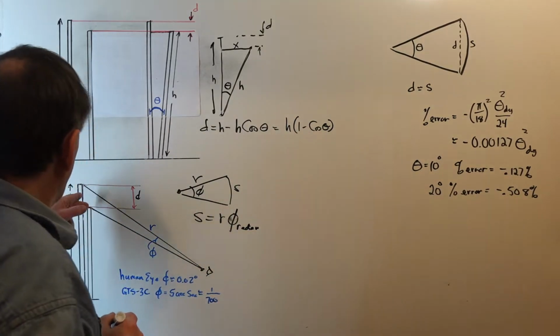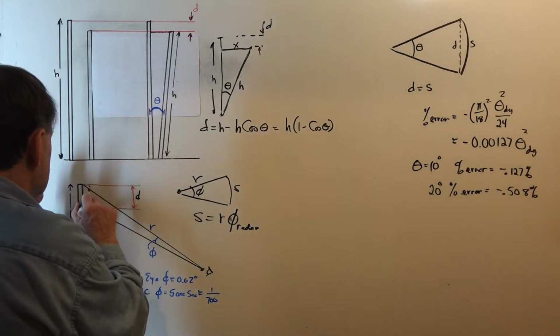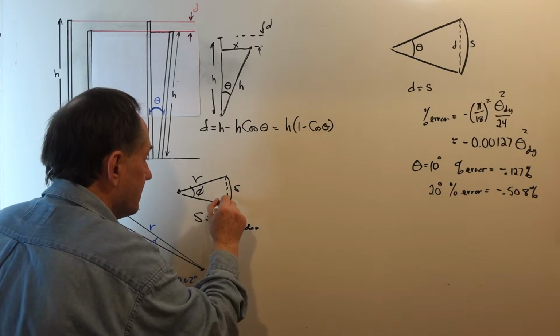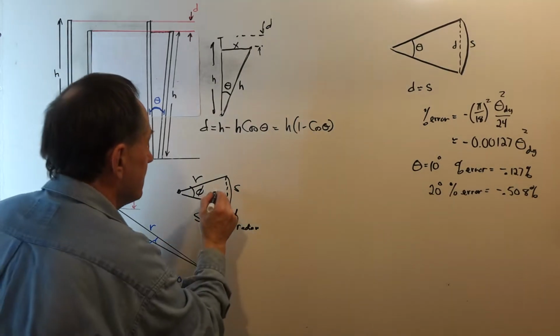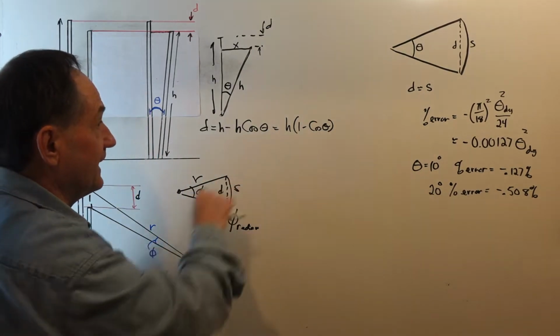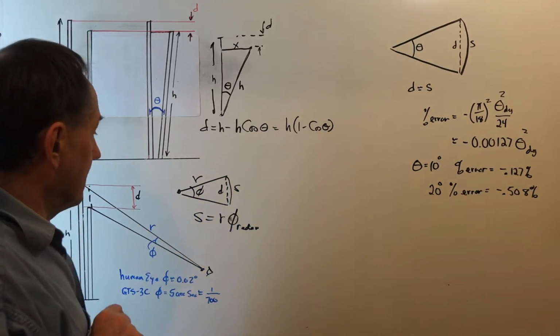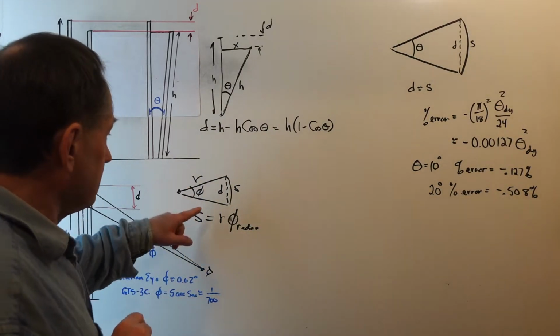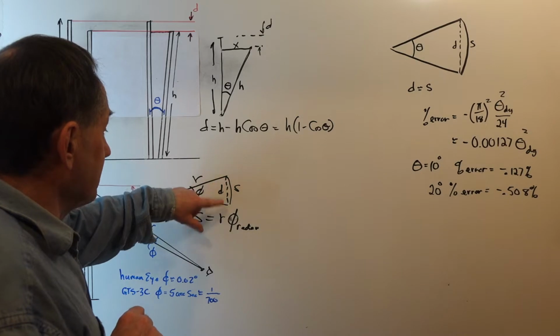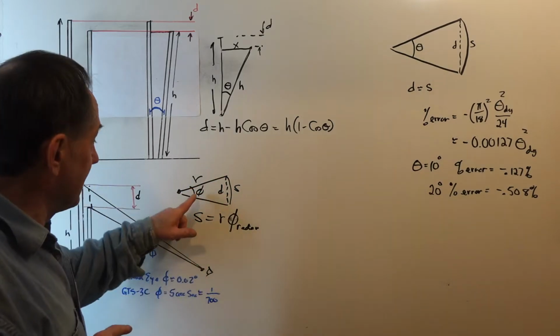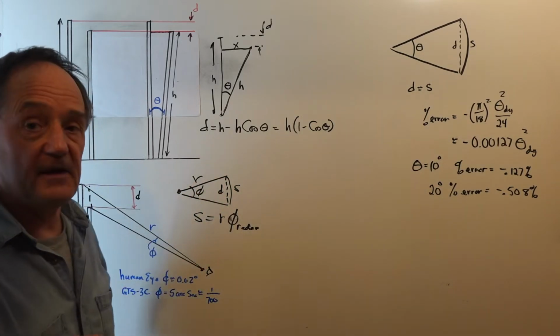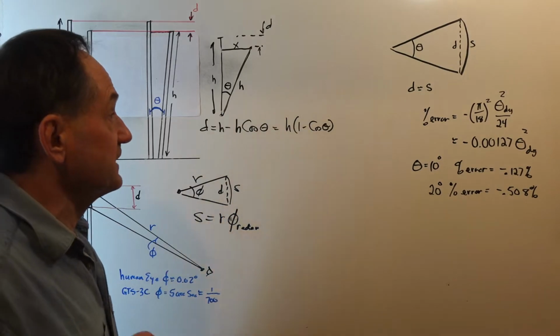Well, what we need is a straight line distance. That is this chord distance here, which we call d. Well, d is related to s, and the difference between them is very, very slight if the angle phi is reasonably small.